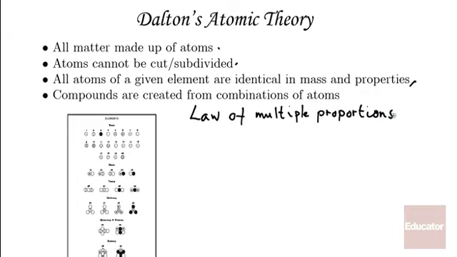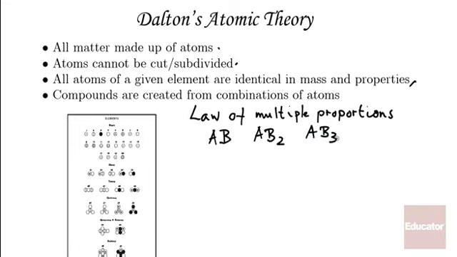We can illustrate this law very simply. Let's suppose we have two hypothetical elements, A and B, and we find that there are several compounds that can be formed between them. Let's call those compounds in modern chemical symbolism AB, AB2, and AB3.